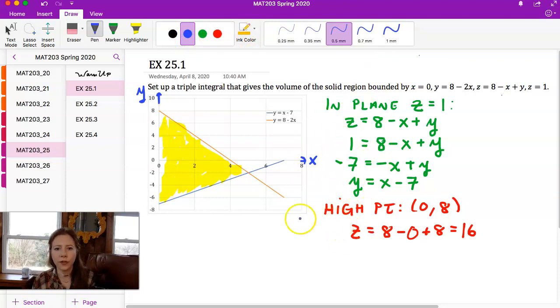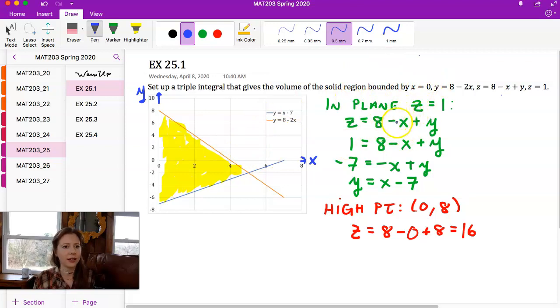Then we can also try to figure out, what is going to be our max for z? What's our highest point for z? We're already limited by our minimum for x because we're shading toward the positive x. Our minimum bound for x is x equals 0, so we can't put in a negative value for x.